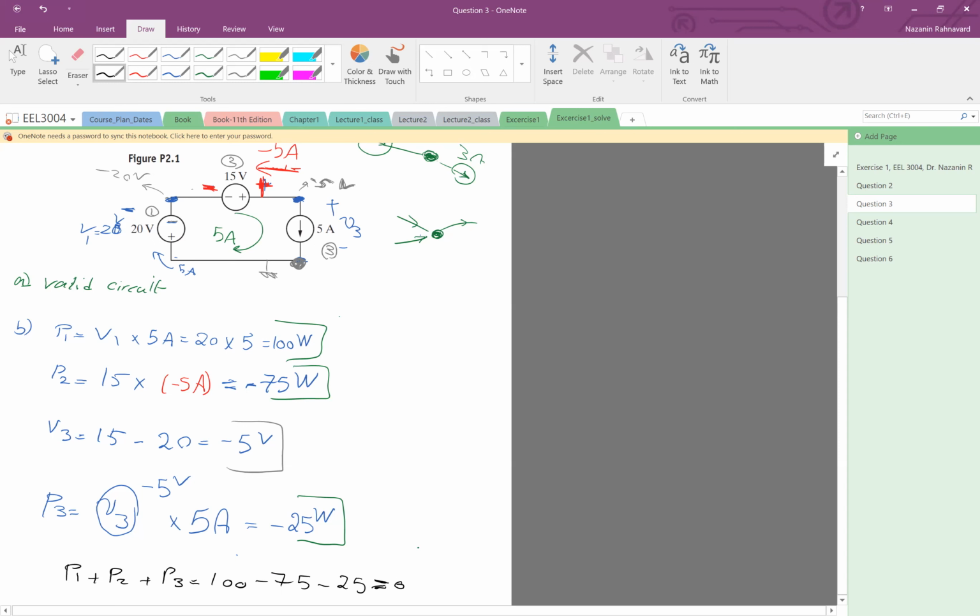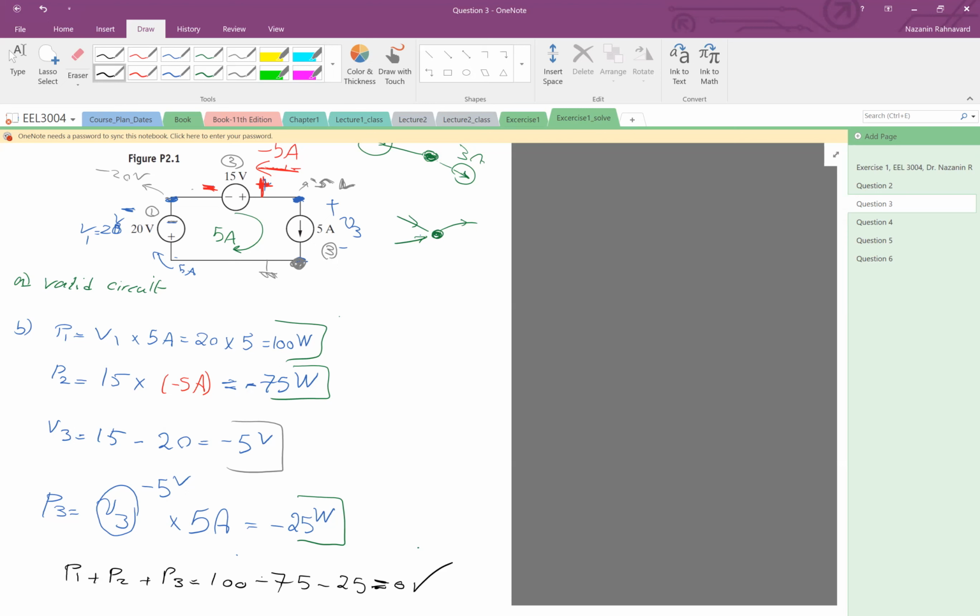Very good. So it means that we have power balance, so probably our calculation is correct. It's a sanity check to see if we did the math correctly. Total power has to always be 0 in a circuit.